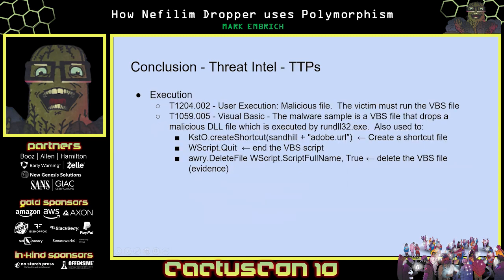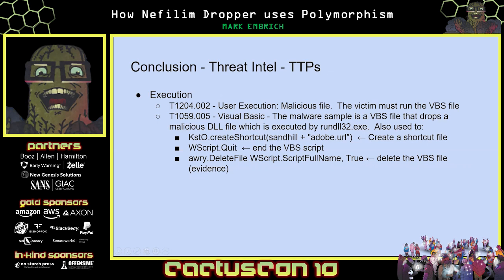I also have a threat intel team that wants information on tactics, techniques, and procedures, TTPs. So I'll want to provide them with some highlights using the ATT&CK techniques. Under execution, we have user execution, the VBS file that needs to be run. It could be that the VBS file was actually a macro in a Microsoft Office file, in which case the victim thought that they were just opening a doc or a spreadsheet.